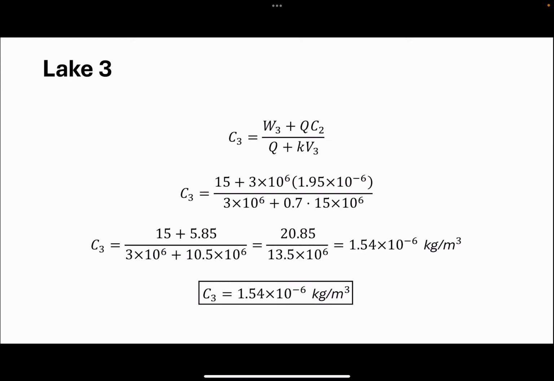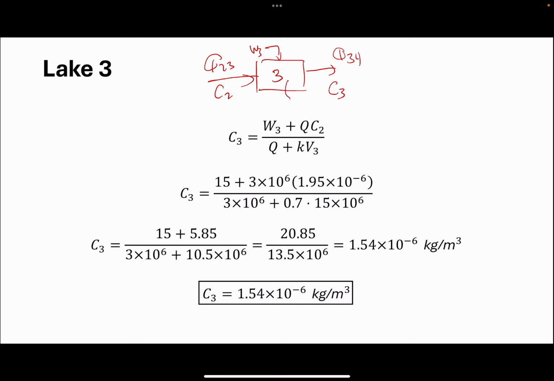Now, let's do lake 3. We'll do the same exact thing for lake 3. So you'll have Q23 C2 entering lake 3. You'll have load 3, and you'll have Q34 leaving lake 3 to whatever after lake 3, times C3 at the bottom.